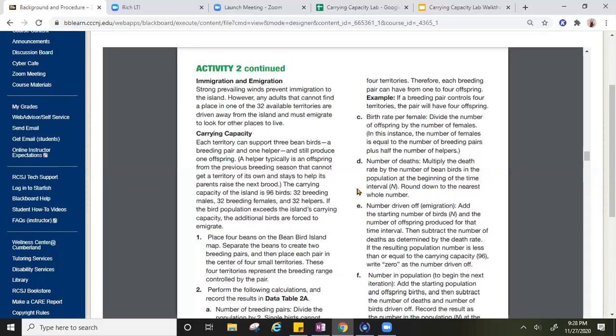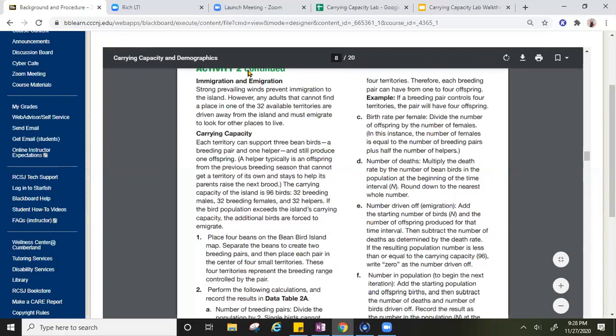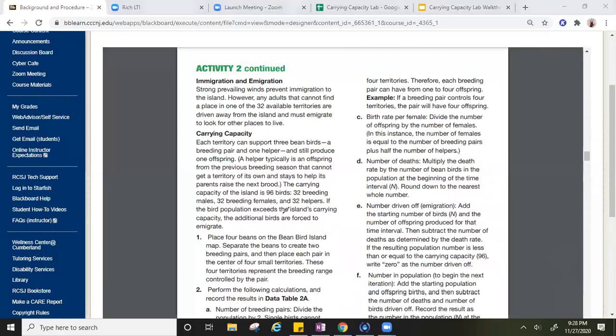So 96 beans or 96 birds. Why 96? Because if you take a look here, you can have 32 breeding males, 32 breeding females to go with those males, and then you can have these 32 helpers. So you can have 1 helper per couple. And once you have that 96, there can't be any other birds on the island. There can't be anything else on the island.